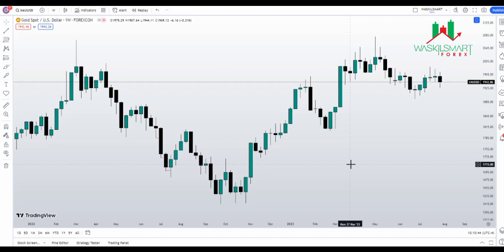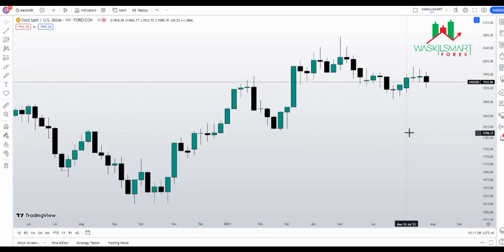We all understand what the concept of liquidity is, whereby we all know that the forex market itself is just liquidity seeking. Now, the concept of liquidity in the aspect of the gold weekly profile: let me zoom in.